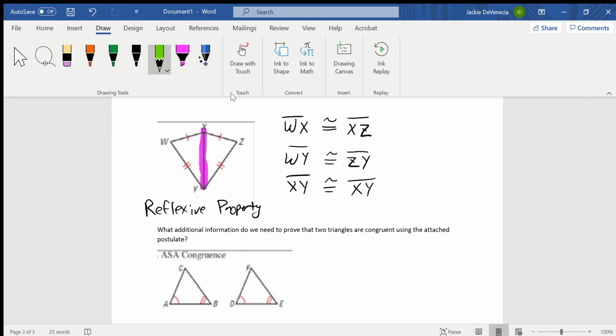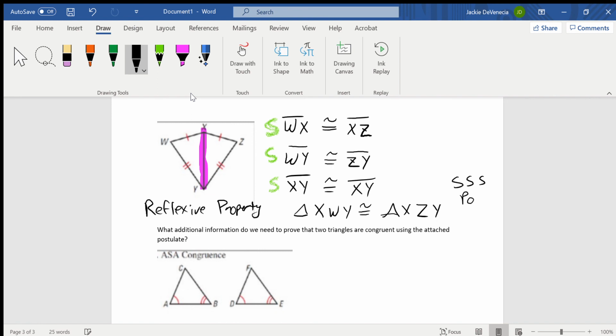So here we have a side, a side, and a side. So we can say that triangle XWY is congruent with triangle XZY, right? Because of the side-side-side postulate. And then we're done.